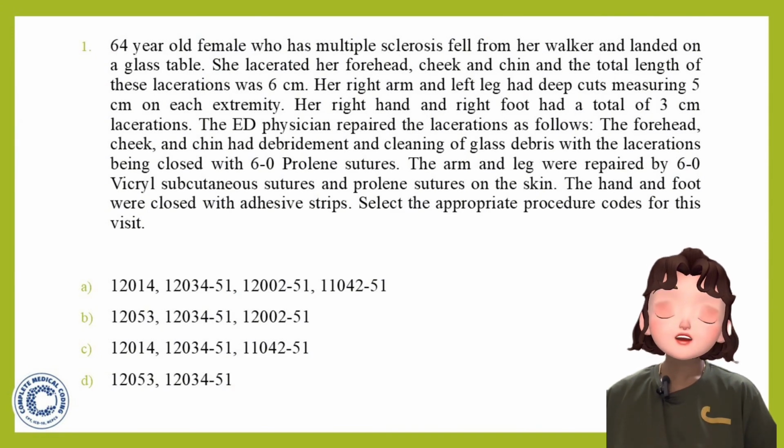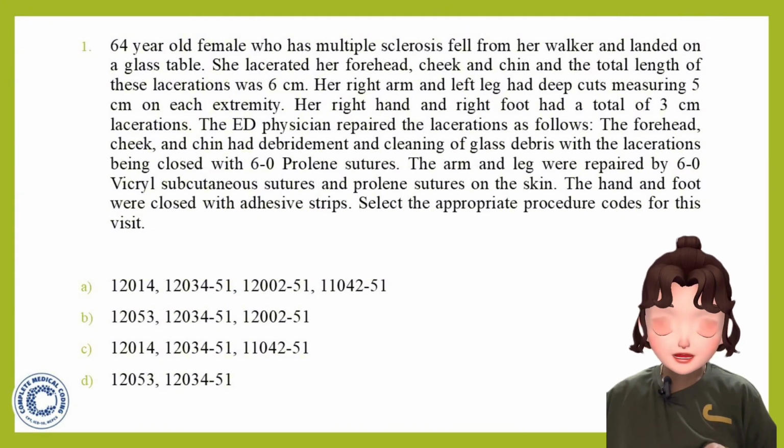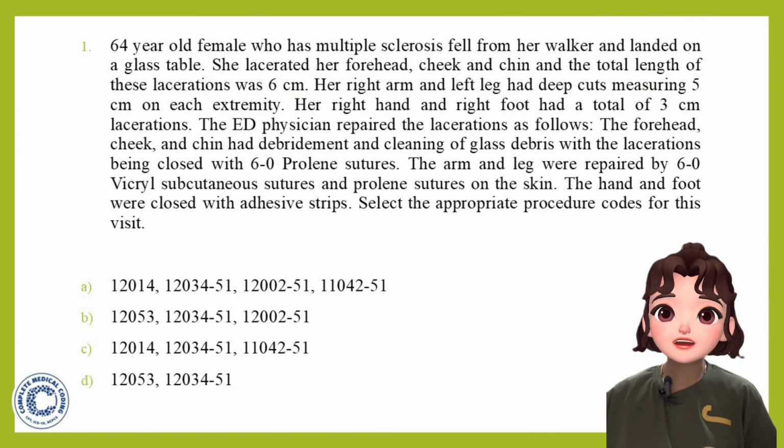If you go to the second code, 12034, what is 12034 again? It is intermediate repair of wounds of scalp, axillae, trunk, and extremities. Yes, this is trunk and extremities. And what is the size for the trunk and extremities here?